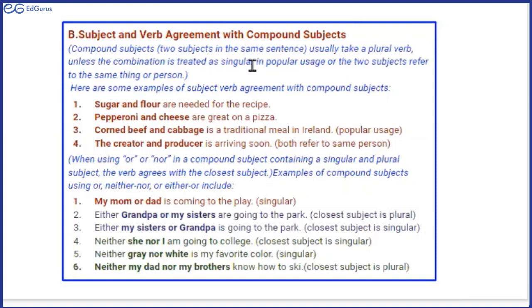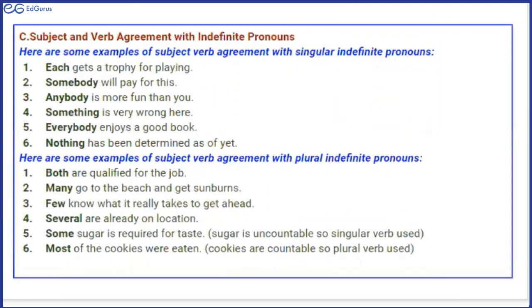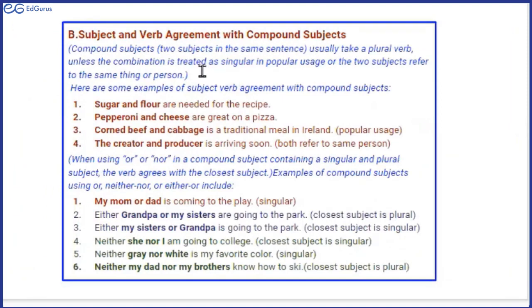And at the same time, compound subjects like neither nor, neither my friends nor my parents, right? Or either or, my parents or my friends, my brothers, sisters, or my cousins. It is just like that, okay? Then the next was, yes, we had discussed till subject and verb agreement with compound sentences. I hope it is clear to you.